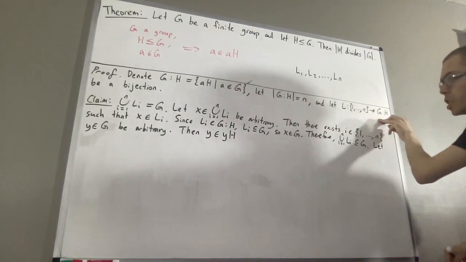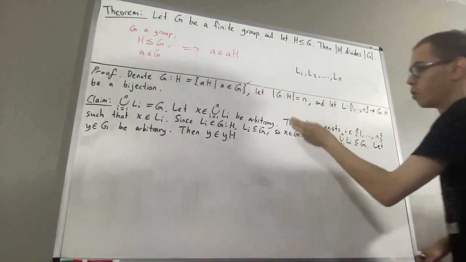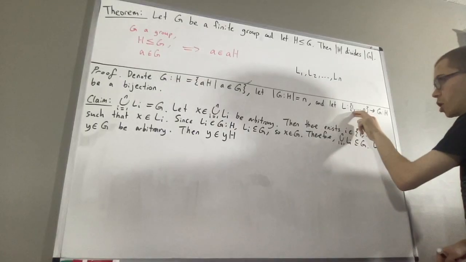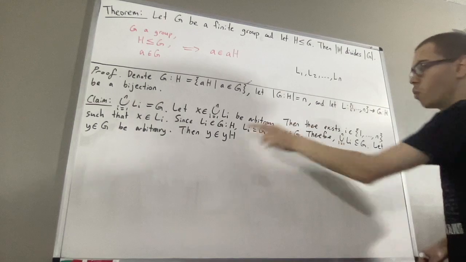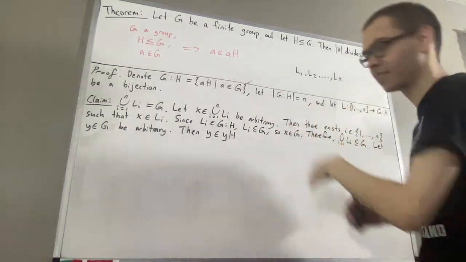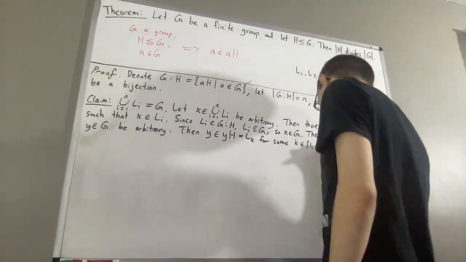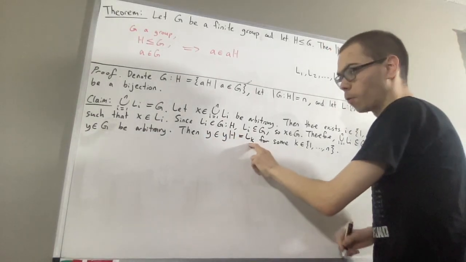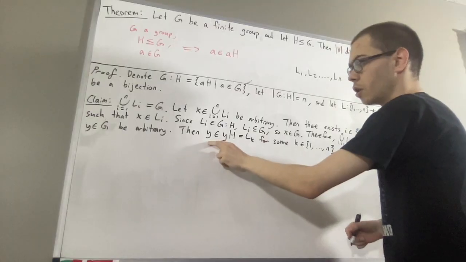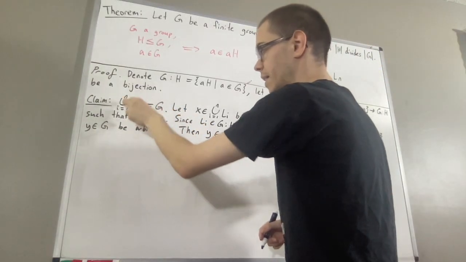So since this function is surjective, that means there must exist some integer between 1 and n, I'll call it k, such that yH is equal to Lk. So we see that y is an element of Lk, and therefore y is an element of one of the sets in the union.